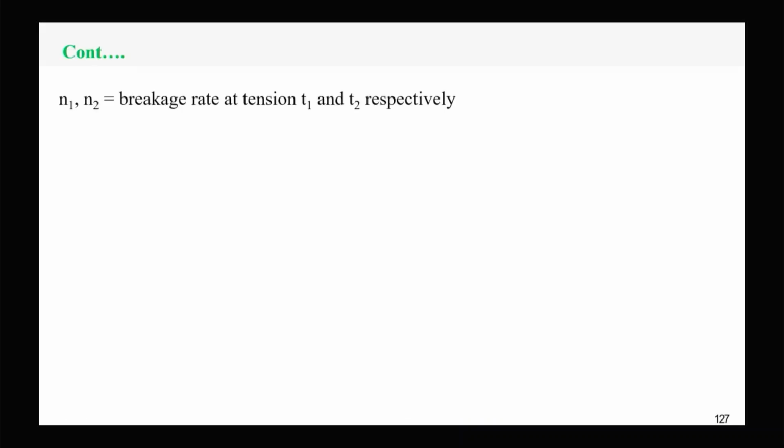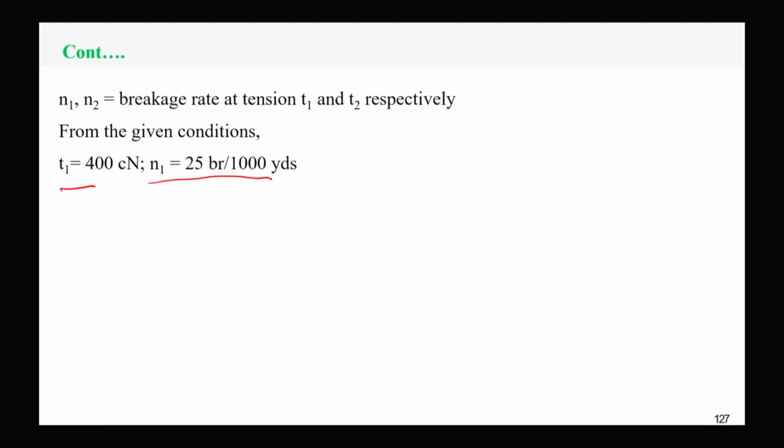N1, N2 are the breakage rates at constant tensions T1 and T2. From the given condition, T1 is 40 centinewton and the breakage rate is 25 breaks per 1000 yard. So this will become T1 and N1.